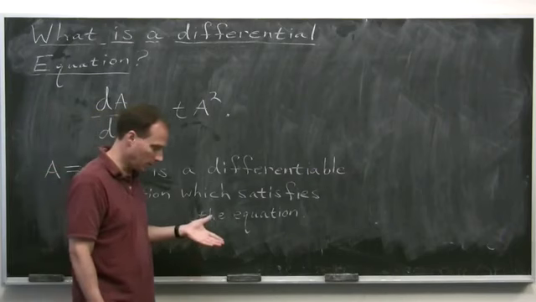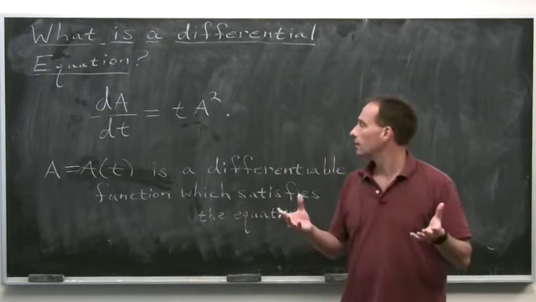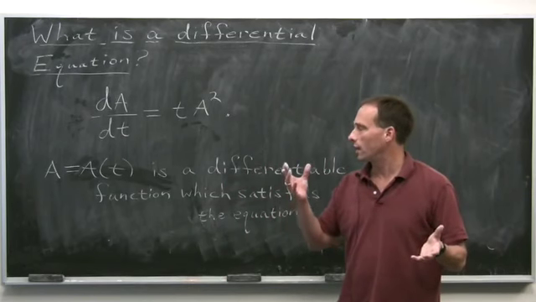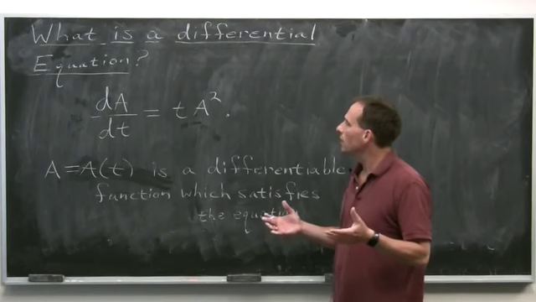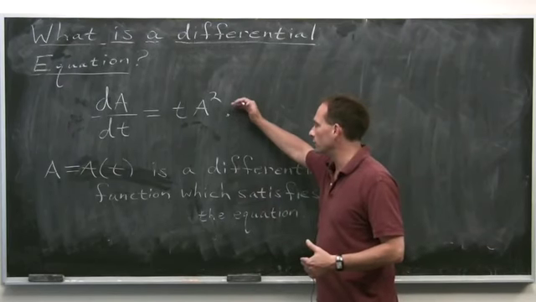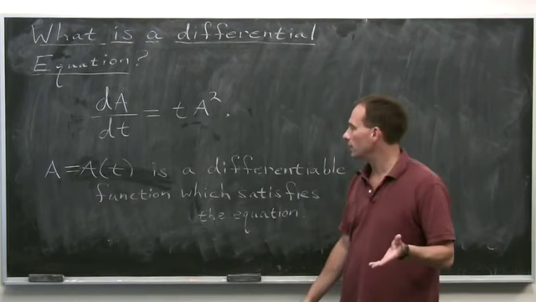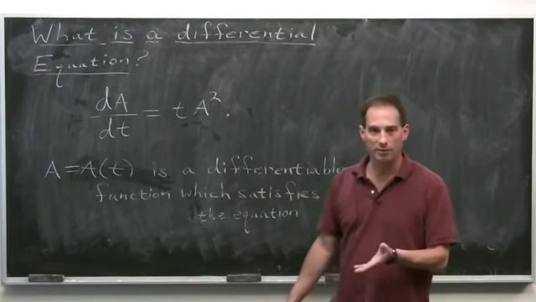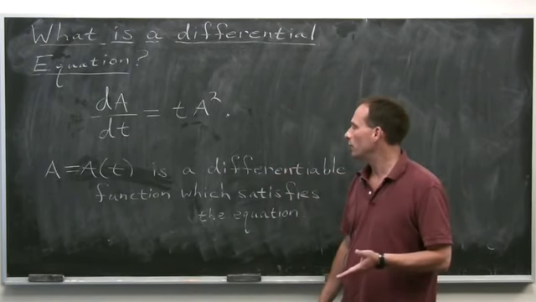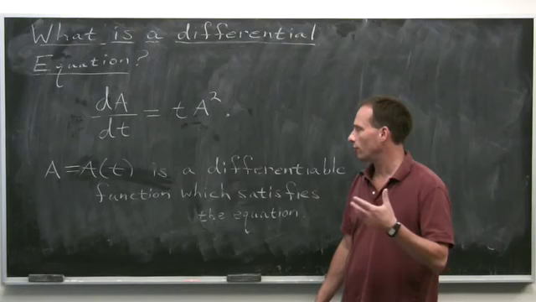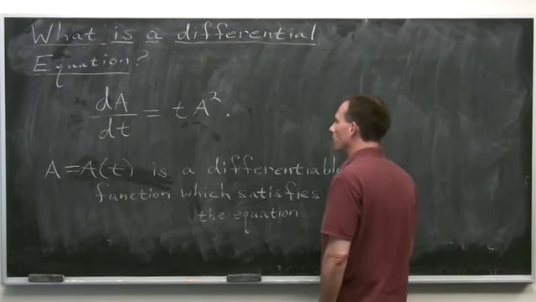This is what a differential equation is. It's an equation involving derivatives, and it's an equality of functions, at least for all times in some open interval. A solution to the differential equation is to explicitly give the function, or even sometimes implicitly give the function, if you can't solve some of the algebra, but you can get rid of the derivatives.